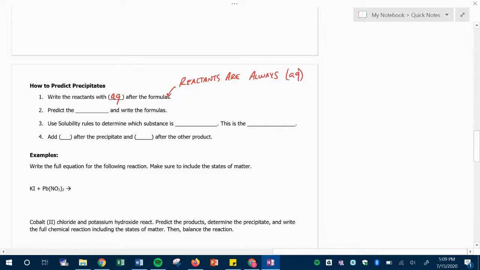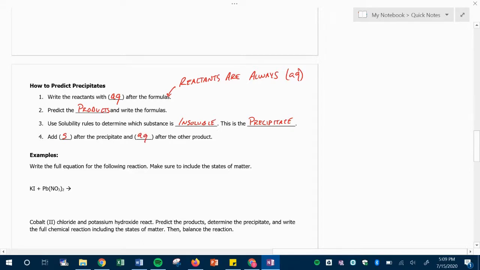They're always aqueous. Then we predict the products and write out those formulas. After we have the formulas, we use the solubility rules to determine which substance is insoluble, and this substance is the precipitate.